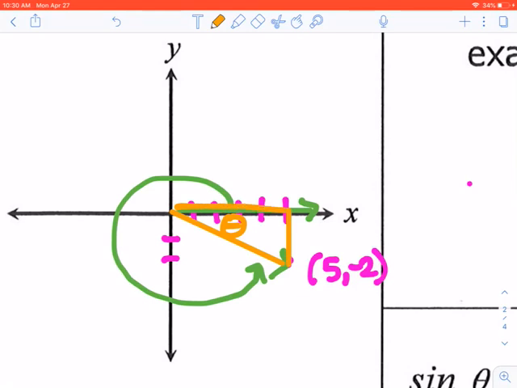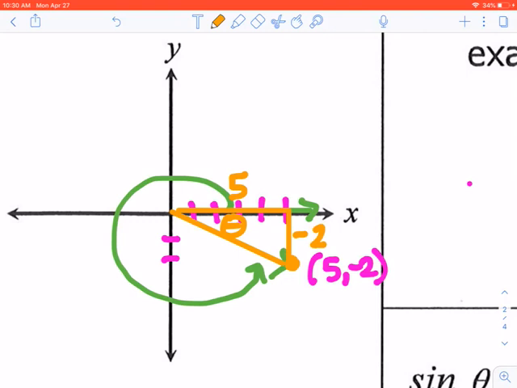It's always from the x-axis. So if it's on the right side, you'll go the positive x-axis. If your angle's on the left side, you'll do the negative x-axis. And because we went out 5 on the x, this length here will be 5. And then we went down negative 2 on the y, so this length here will be negative 2. Okay?